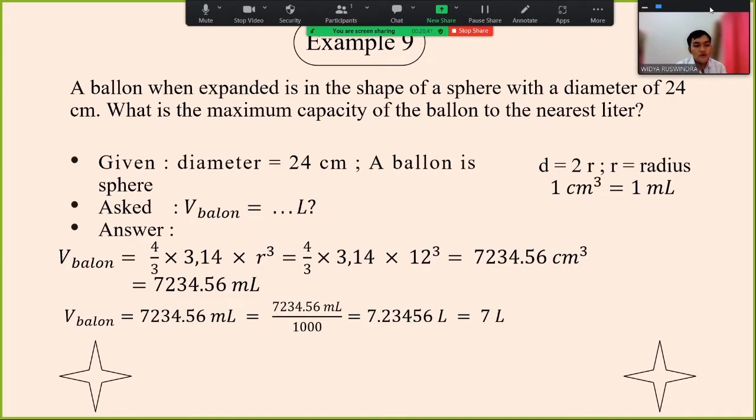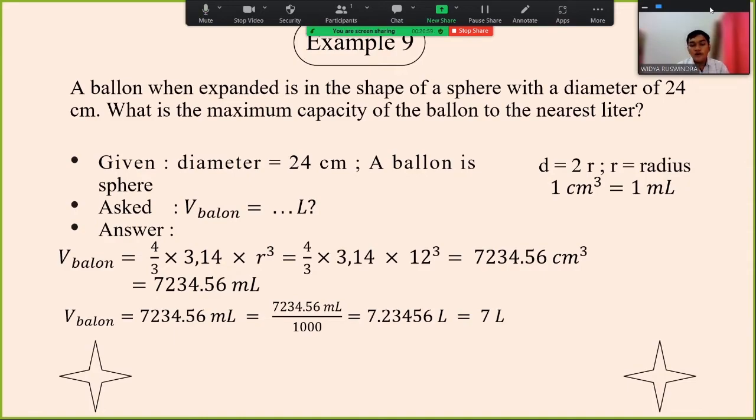So the formula for the volume of the balloon equals 4 over 3 times 3.14 times r cubed. r cubed means r times r times r.